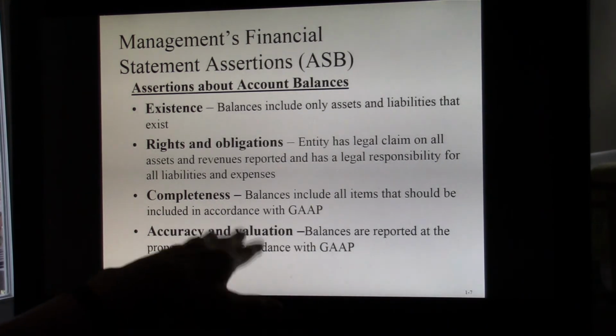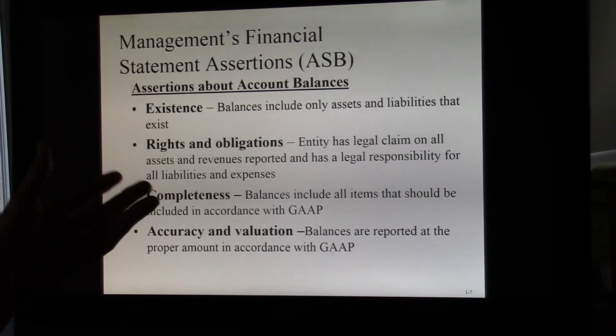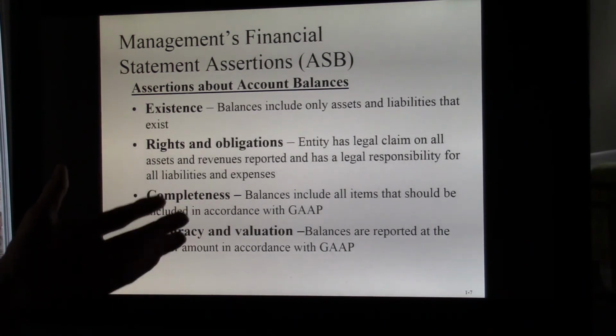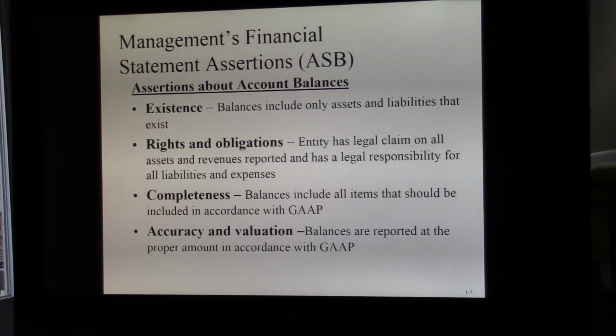Valuation is that the balance is the right number. So accuracy is at an individual number level. Did the number itself get on the page right, like on an invoice? Valuation is the overall balance.